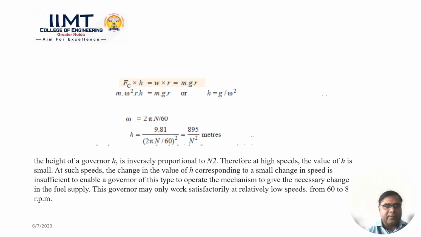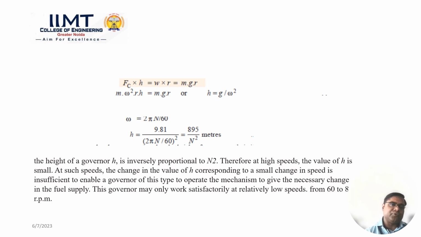In this case, you can take the moment about O. After taking the moment, this equation is generated: Fc multiplied by H equals W multiplied by R, where W is equal to mg, and Fc equals m omega square R. So here m cancels on both sides, and H is equal to g divided by omega square.